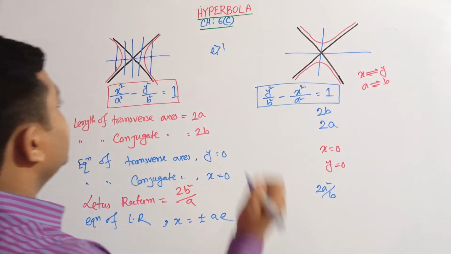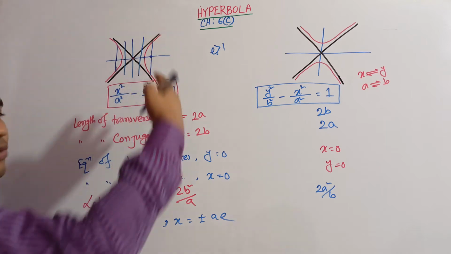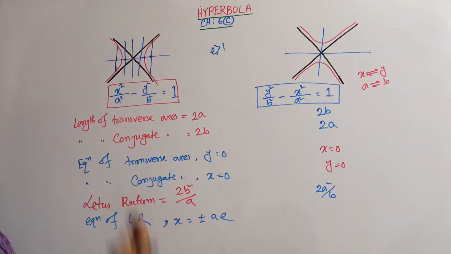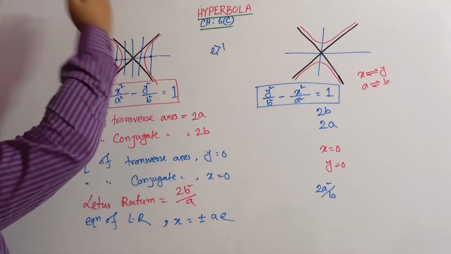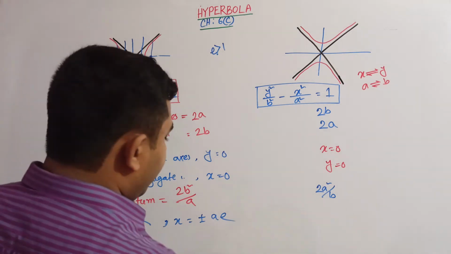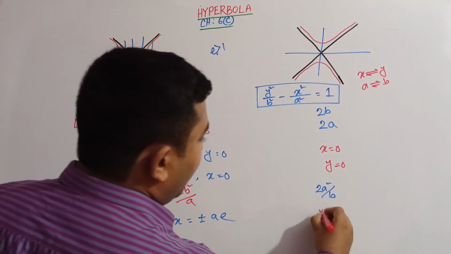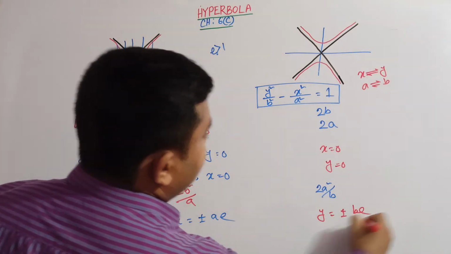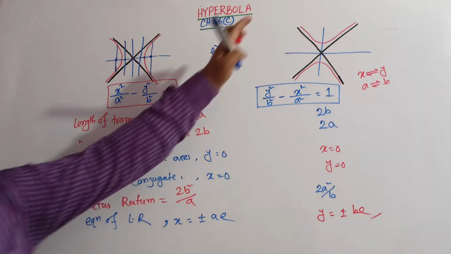Why? Because we are drawing the latus rectum on the foci. So the equation of the latus rectum should have been plus minus ae. And similarly the equation of the latus rectum here will be y equal plus minus be. That is the latus rectum on this part.